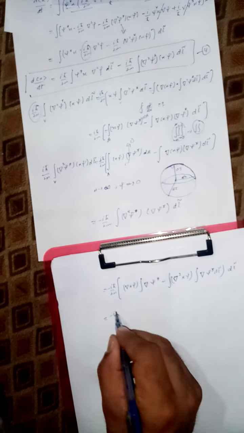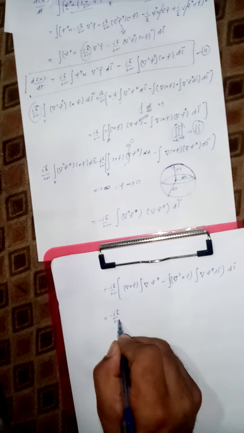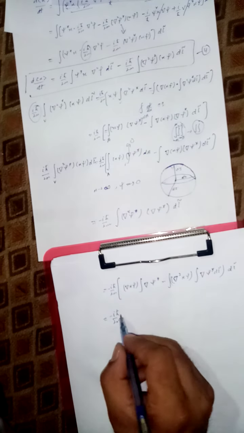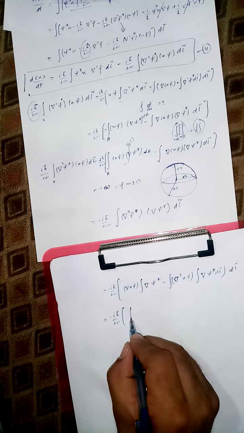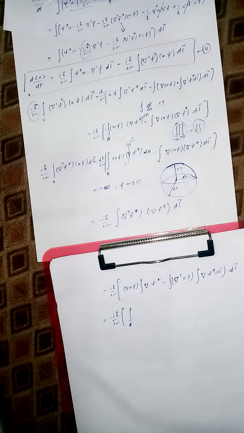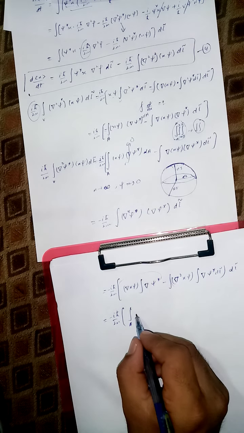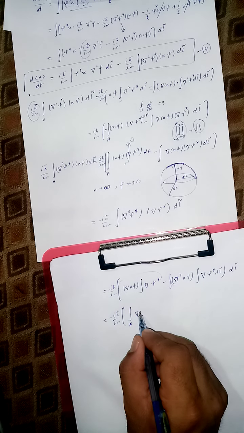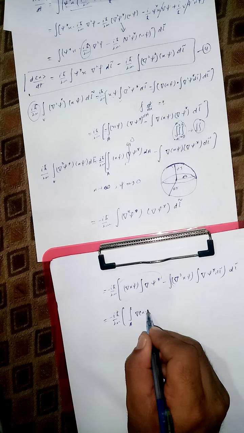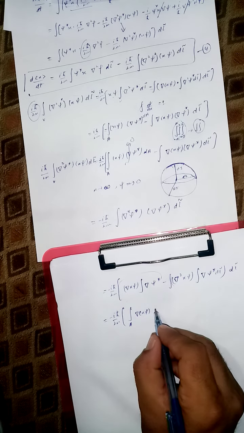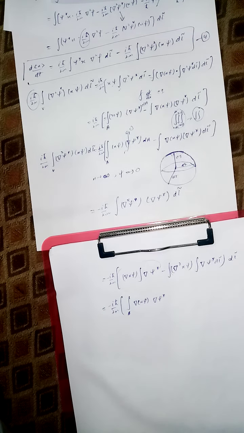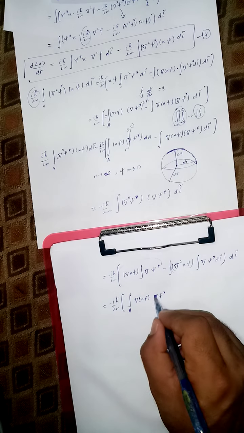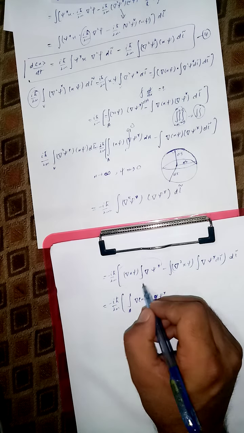Now this will be equal to minus iota h bar over 2m. Again, by using the same procedure which I did here, this will convert to the surface integral. This is the area, and we have del x psi and psi star, because this integral and this will cancel each other.